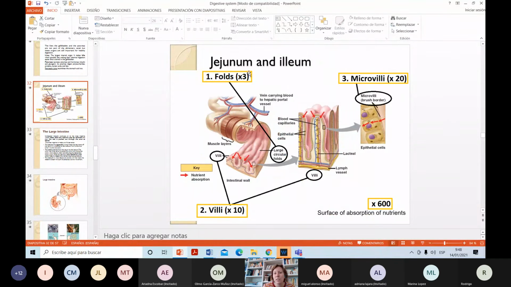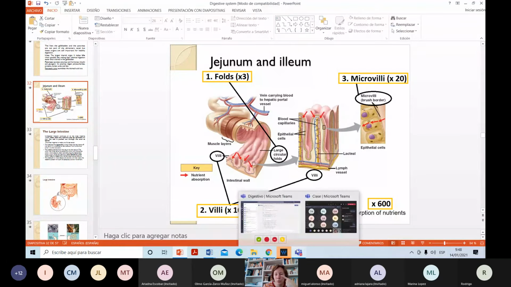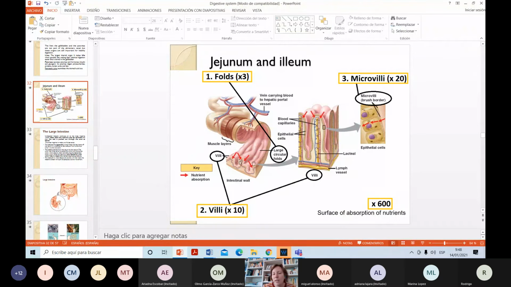The first one is folds. Folds is just that the inner part of the tube has a layer that moves up and down, and this is visible with your naked eye. Remember, naked eye es el ojo desnudo, a simple vista, que decimos en castellano. Then if you look at it with a magnifying glass, you're going to see that those folds have these tiny hairs, ¿vale?